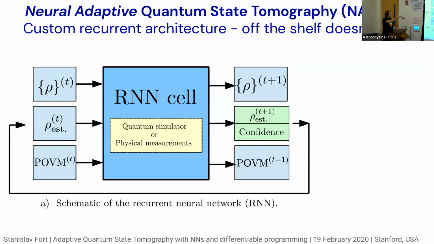And after that, it spits out a new particle bank that is refined, so you change the weights as well as the actual density states in the bank. It spits out a confidence in its estimate and the actual estimate, the new updated estimate of the true state. And then it updates the measurement we make in the next step as well. And this goes around for a number of steps.